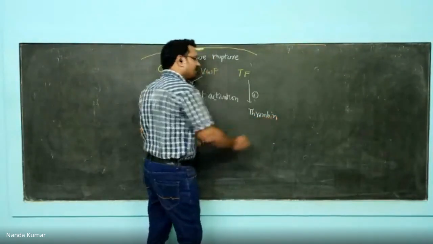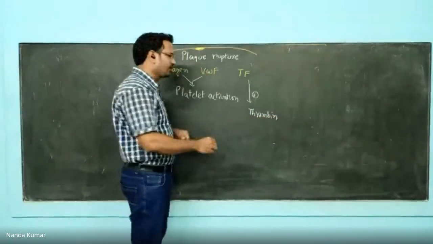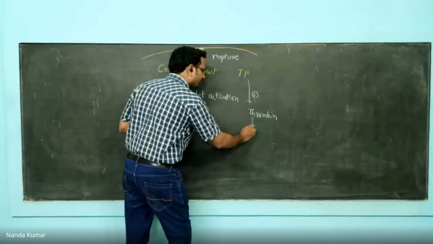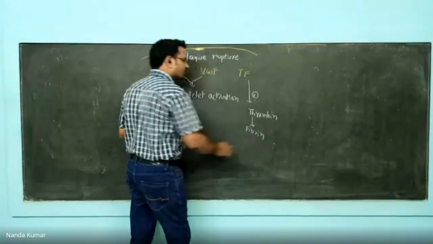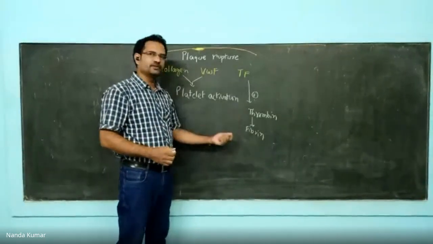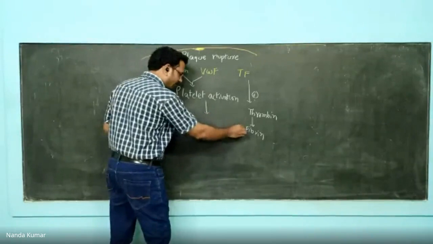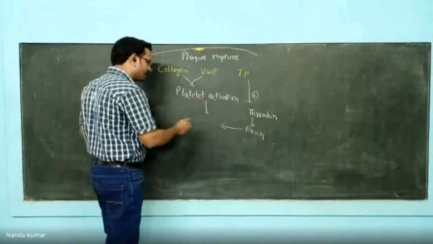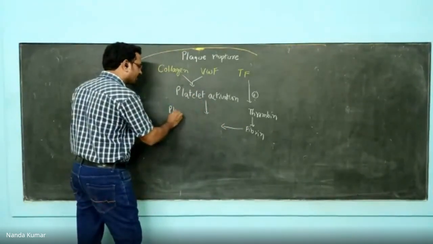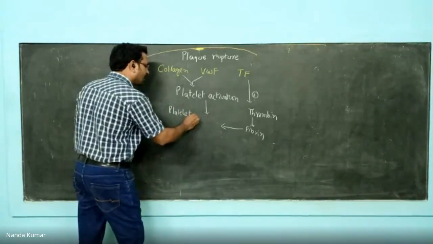The job of thrombin is that it converts fibrinogen to fibrin. Now the platelets will combine with fibrin, and then platelet aggregation forms.